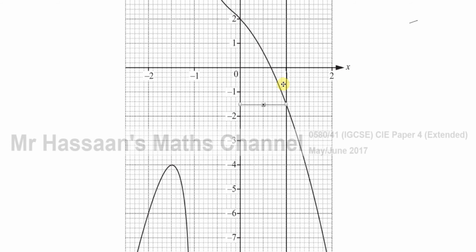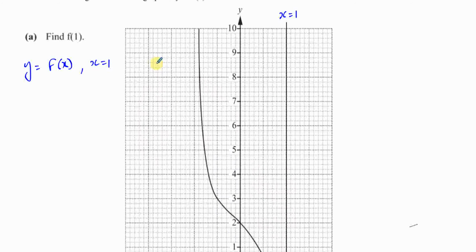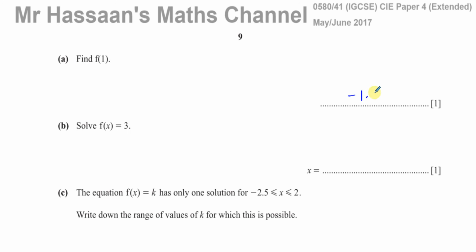Minus 1.5 would be perfectly fine. You can see that's minus 1, that's minus 2, that's halfway between them. Each of these is 0.2, 0.4, 0.6, 0.8, so it's minus 1.5. So the answer to the first question is f(1) is equal to negative 1.5. There's the answer to part A.